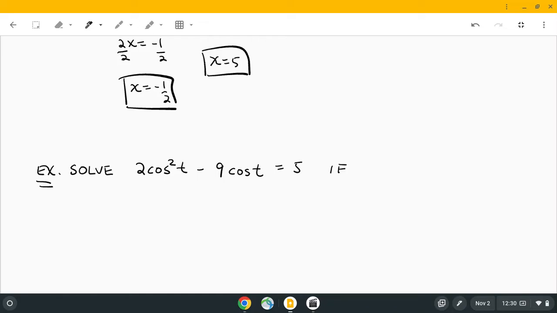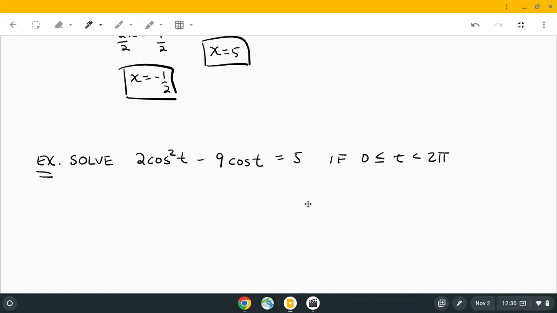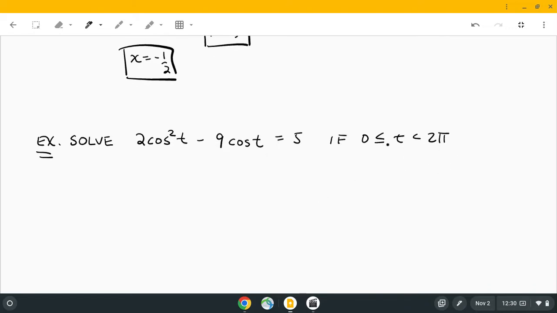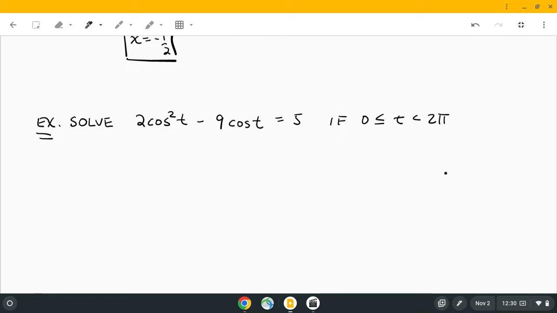And let's put this restriction here: t is between 0 and 2 pi. We're not using a calculator here, I don't think. But if we do need to use a calculator, then we would need to make sure we're in radian mode according to this here. All right, so let me bring this equation down here so we can work with it without losing the original problem.